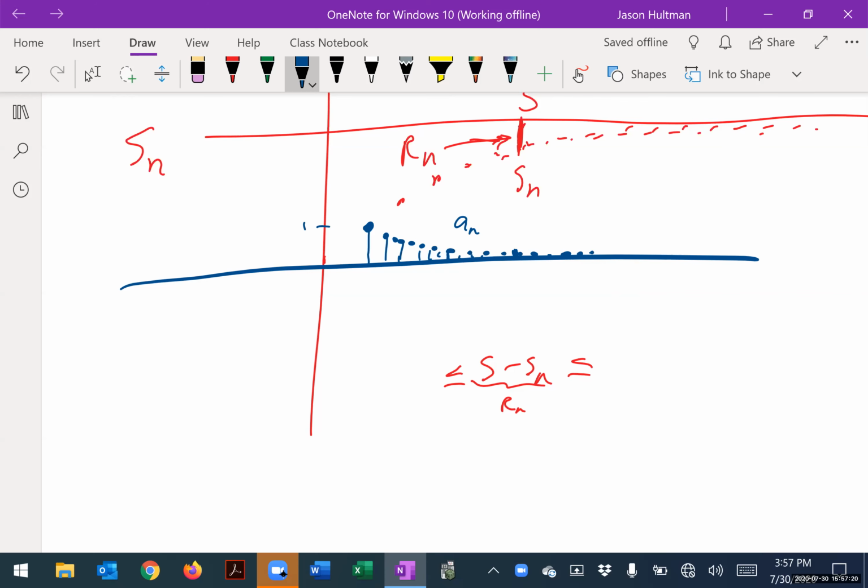And what it's saying is, look, if I'm here, and then I go to n plus 1, this error, this remainder at s sub n, is sandwiched between the integral up to n.